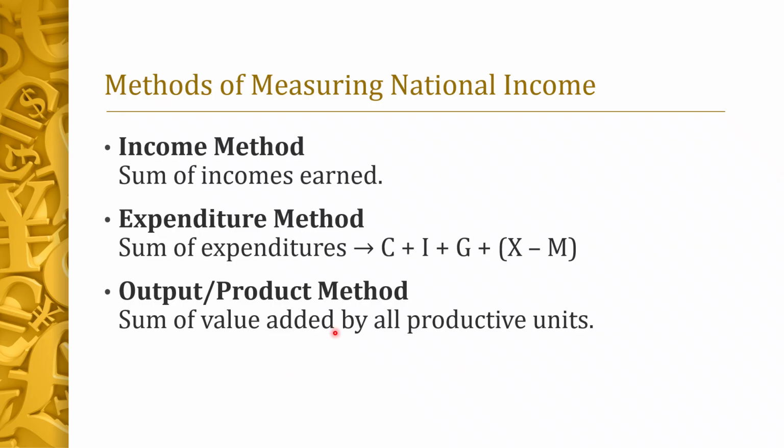Now to understand this output or product method, let's take an example. We have cotton and we are producing a shirt from it. So let's say the farmer sells the raw cotton at a value of rupees 500. The spinning mill makes the yarn, so the value added is rupees 300 here. Now the textile mill will make the cloth, so the value added is again 400. The garment factory will make the shirt and the value added is 300.